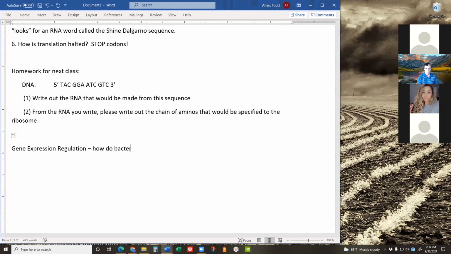How do bacterial cells, okay, everything here is being explained from the bacterial point of view, because this is microbiology. How do bacterial cells know when to turn on the expression of a gene and when to turn it off?